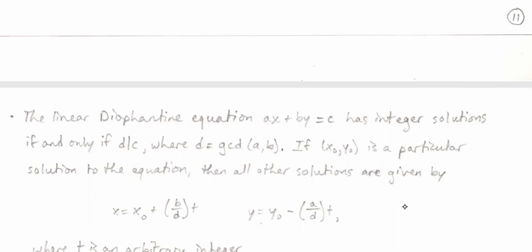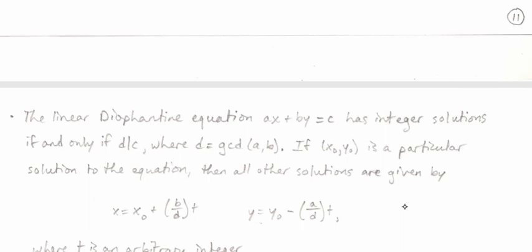So once you've verified that your equation does indeed have integer solutions, and once you've found a particular solution, once you've found one x value and one y value that satisfies your given equation, how we do that we'll see very shortly, you can then come up with all other solutions.